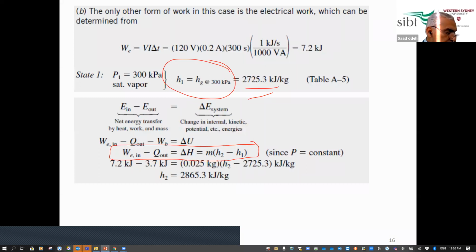So we know H1, we know the mass, we know the Q, and we know the W. The only unknown is H2. So we solve the equation for H2, and we find that H2 is equal to 2,865. All right, is it clear?